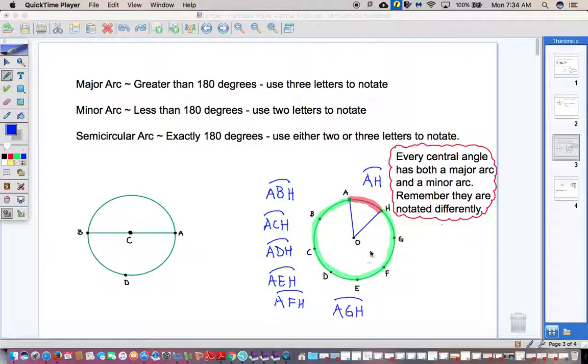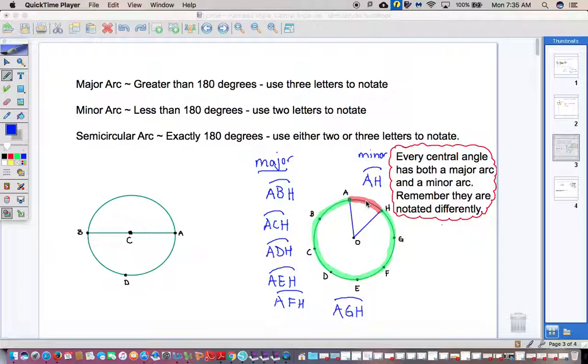All of these indicate the exact same arc, the arc that goes from A to H and extends through one of these other points. It's the major arc of angle AOH. So this is the major arc, and this would be the minor arc.